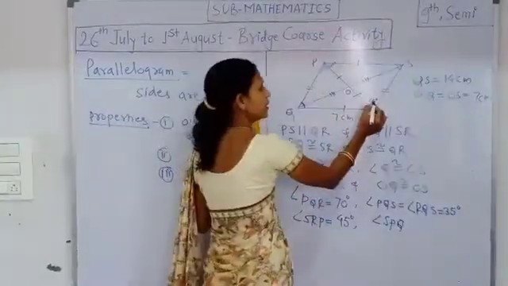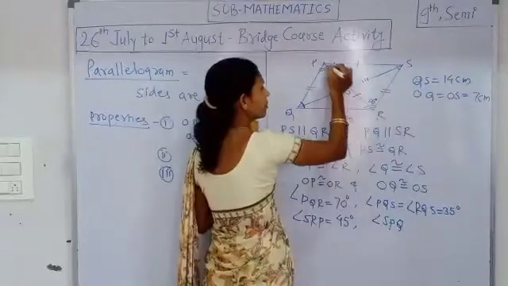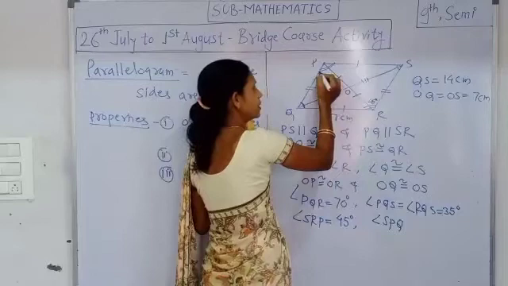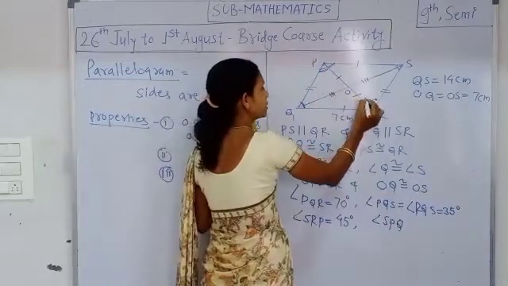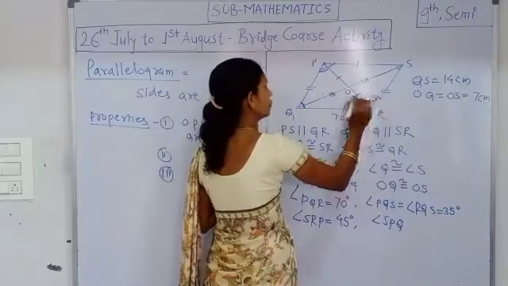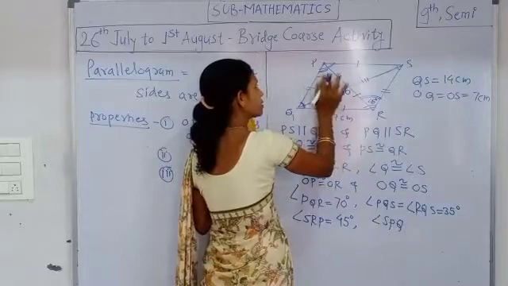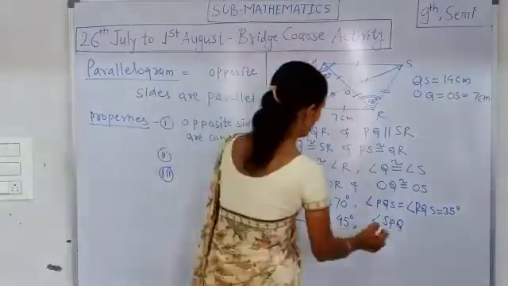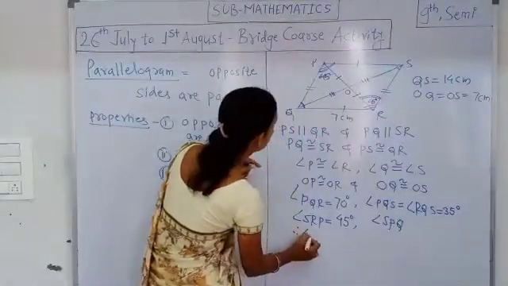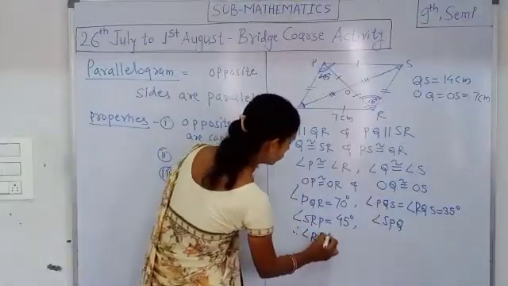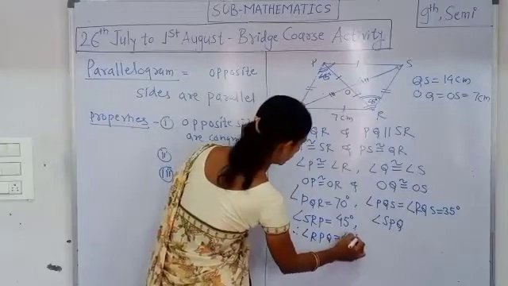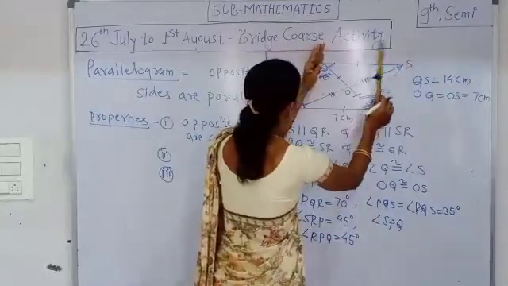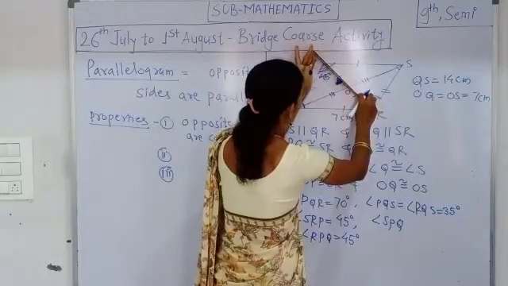See here, if that angle SRP is 45 degree, then this angle is also 45 degree. Therefore angle RPQ is also 45 degree, because RS is parallel to PQ and PR is the transversal.